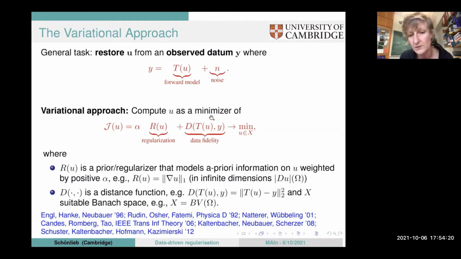This term quantifies how much the forward model should coincide with the measurements Y that I've measured. A typical metric is the L2 norm squared as a fidelity term, so a least squares fit between measurements and the forward model.